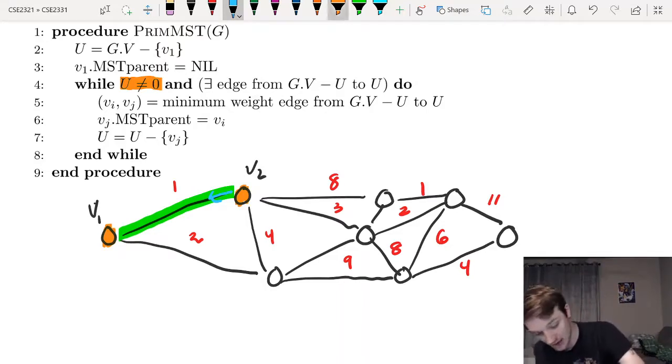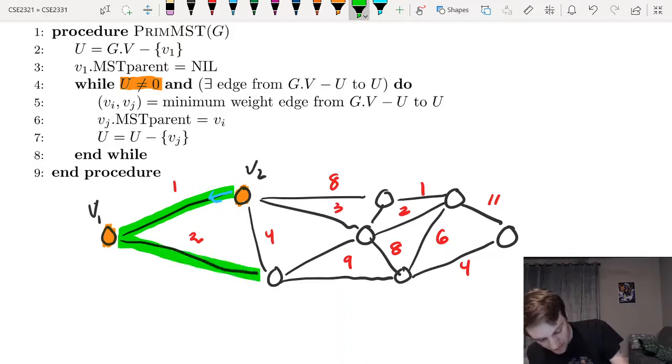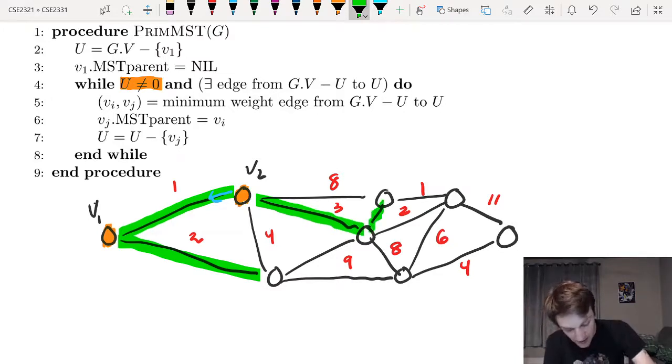So just for completeness' sake, we need to add in the next smallest edge, which would be this guy. We then need to add in the next smallest edge, which would be that guy. Then the next smallest edge, which would be that guy. Oh, oops, I lied. Let me undo. The next smallest edge is the 2. Oh, sorry, I don't think I assigned a weight to that edge. Let's make it 8 or 7.